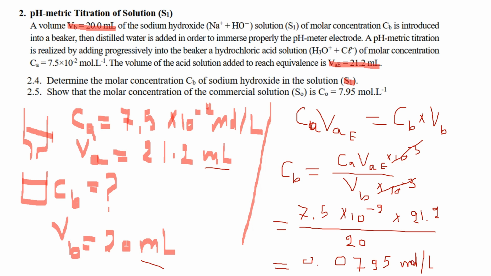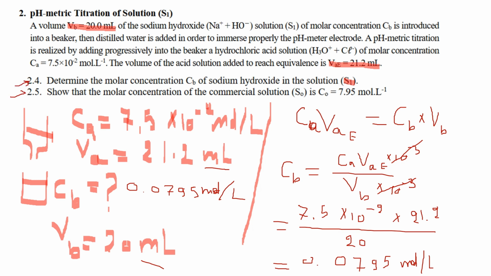This is, guys, the concentration CB, 0.0795 mole per liter. Okay, great. So this is 2.4.